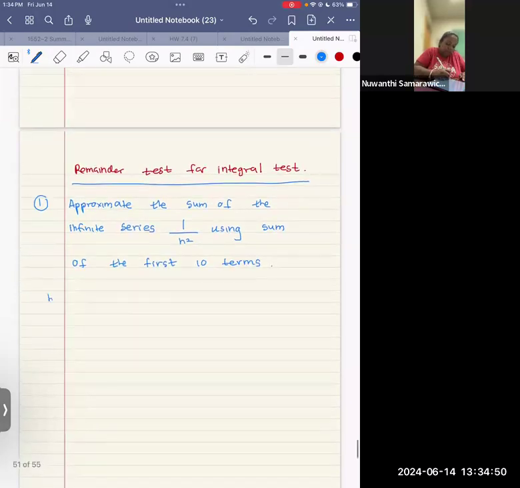This is part A. And then part B: estimate the error with the approximation.